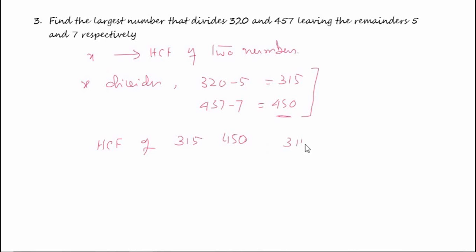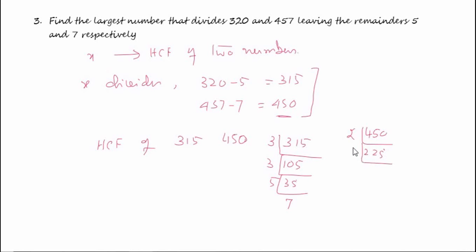So 315, let us find the prime factors. 315 prime factors are 3, 105, 3, 35, 5 and 7. For 450, you can divide by 2, so you get 225.